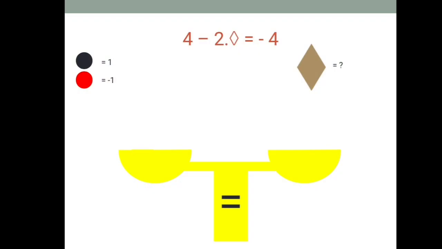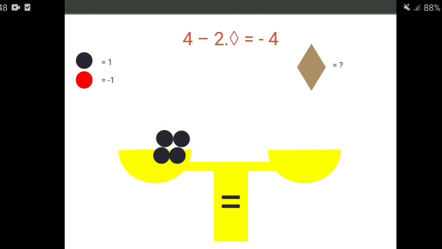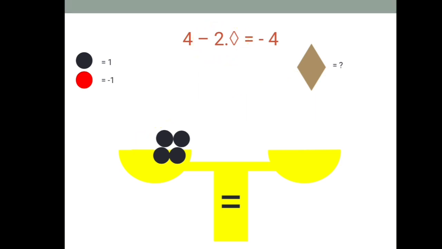First, I add 4 black balls to represent 4 here, like this. And I have to put rhombus in the left hand side to represent minus 2 times rhombus.